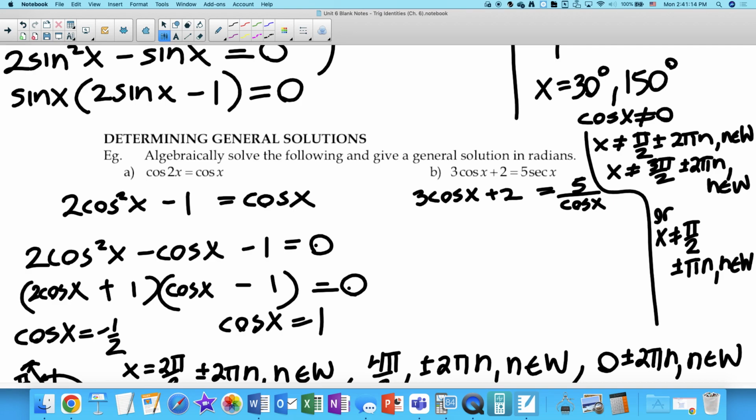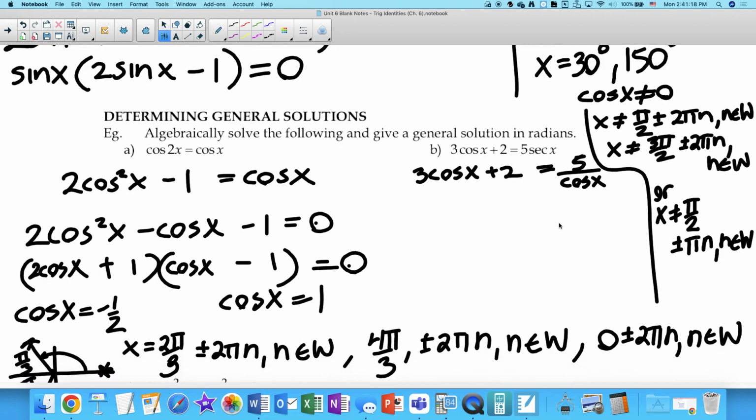Okay, all right, so now we're going to multiply both sides by, I'll just put brackets around the whole thing. When I distribute that in, I have 3 cos squared x plus 2 cos x equals 5.